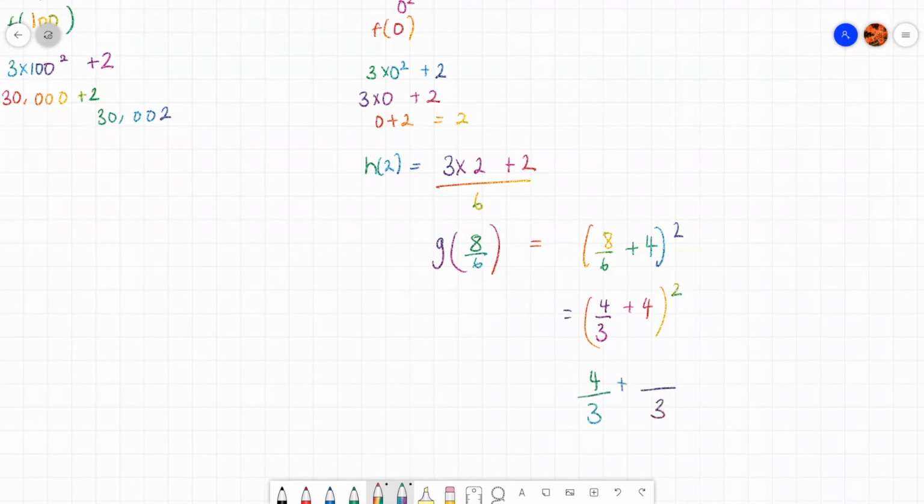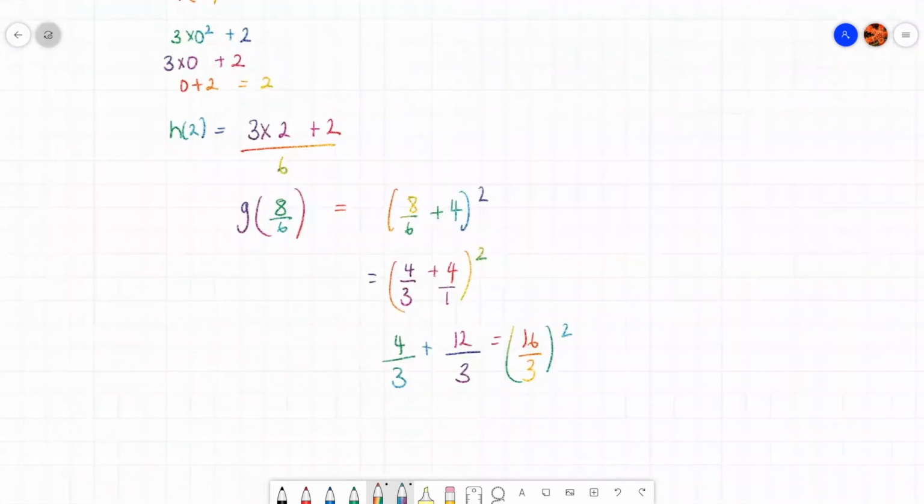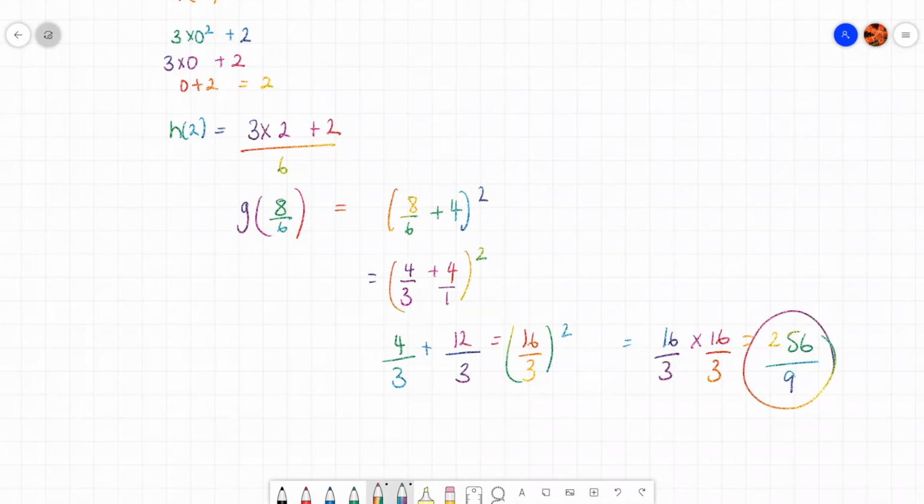If that becomes 3 under, I times top and bottom by 3, that's 12. So 12 add 4 is 16. 16 over 3 all squared. Okay, and that becomes 16 over 3 times 16 over 3, and then nice and easy, 16 times 16 is 256 over, well, 3 times 3 is 9, and that is my final answer.